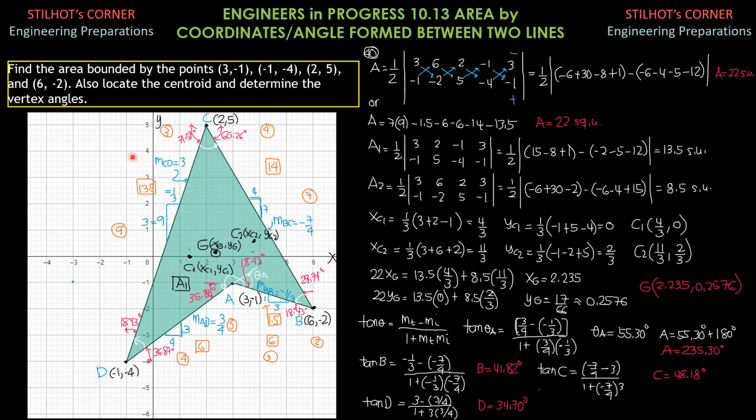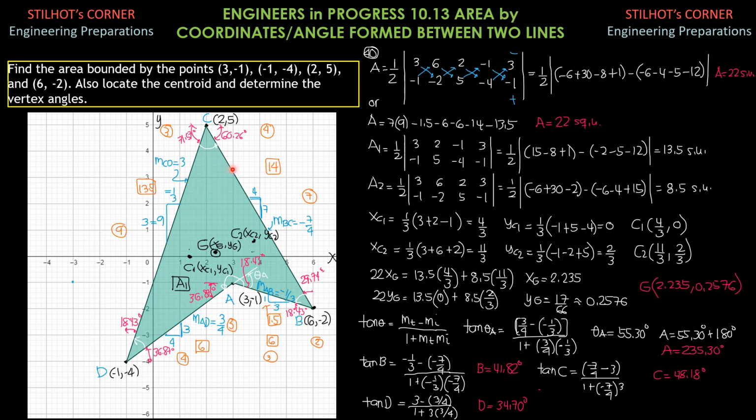For this right triangle, the horizontal distance is right x, 2, minus negative 1, so we have 3 units. And vertical distance is upper y 5 minus lower y negative 4, so we have 9 units. The area is 1/2 of 3 times 9, 1/2 of 27 is 13.5 square units.